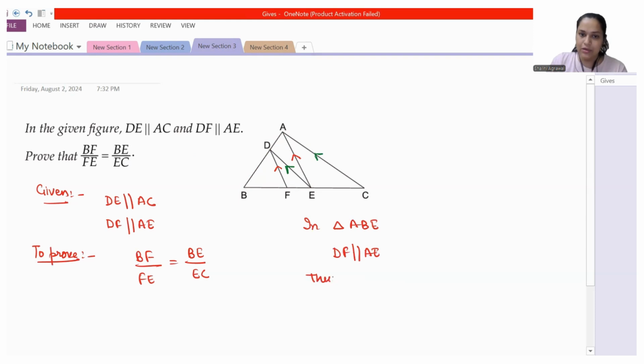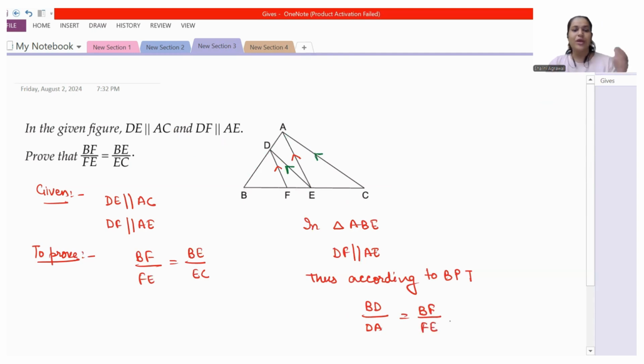Thus, according to BPT, I can say that BD upon DA is equal to BF upon FE. Correct. BD upon DA is equal to BF upon FE.